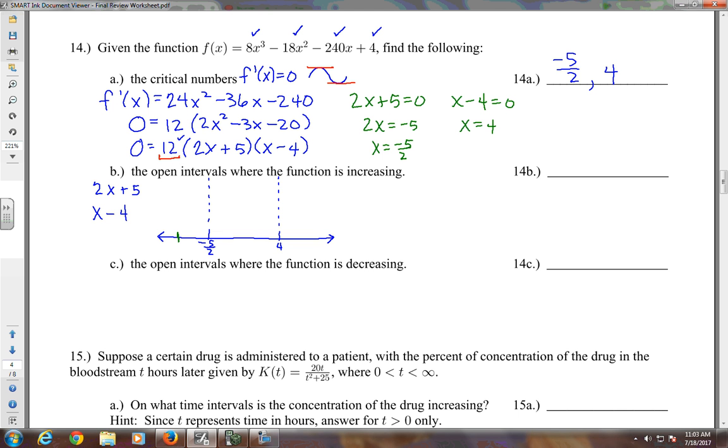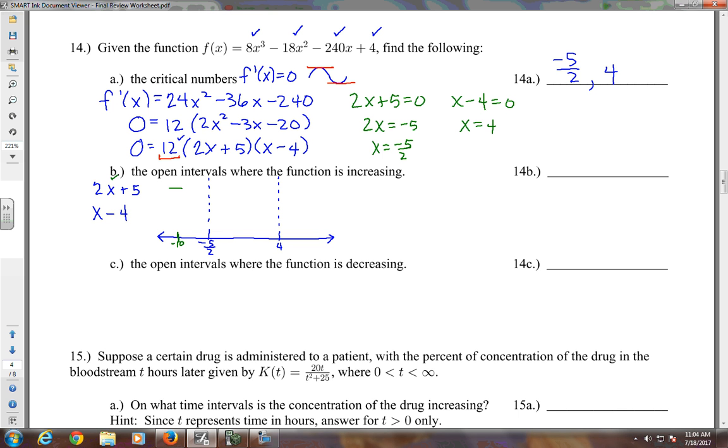Remember, negative 5 halves is about negative 2.5. So I'm going to use the test point negative 10. Okay, so if I plug negative 10 in for x in my first factor, 2 times negative 10 plus 5 is negative 20, plus 5 gives me negative 15. I'm not really concerned about the value, I'm just looking for the sign.